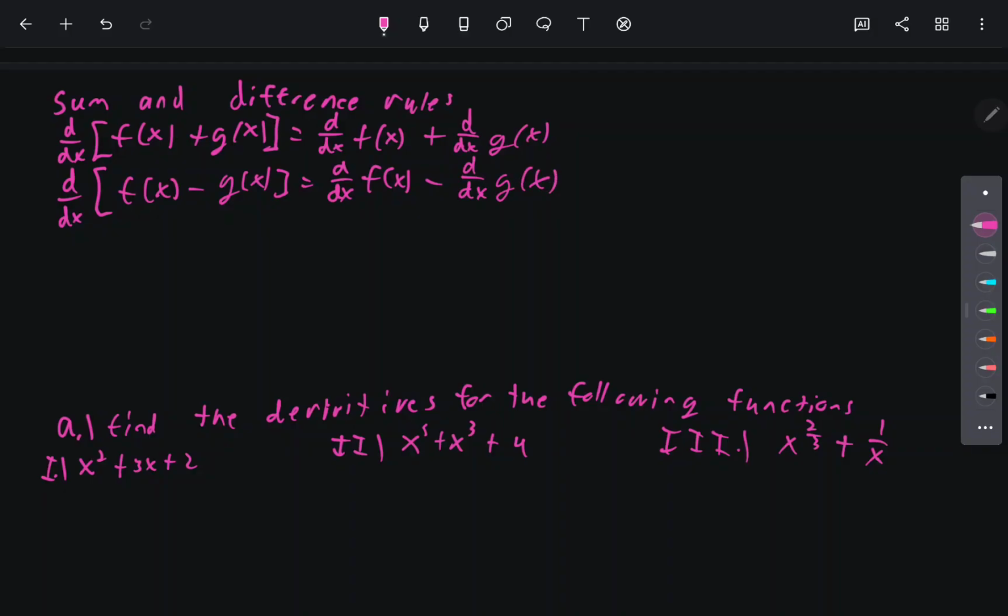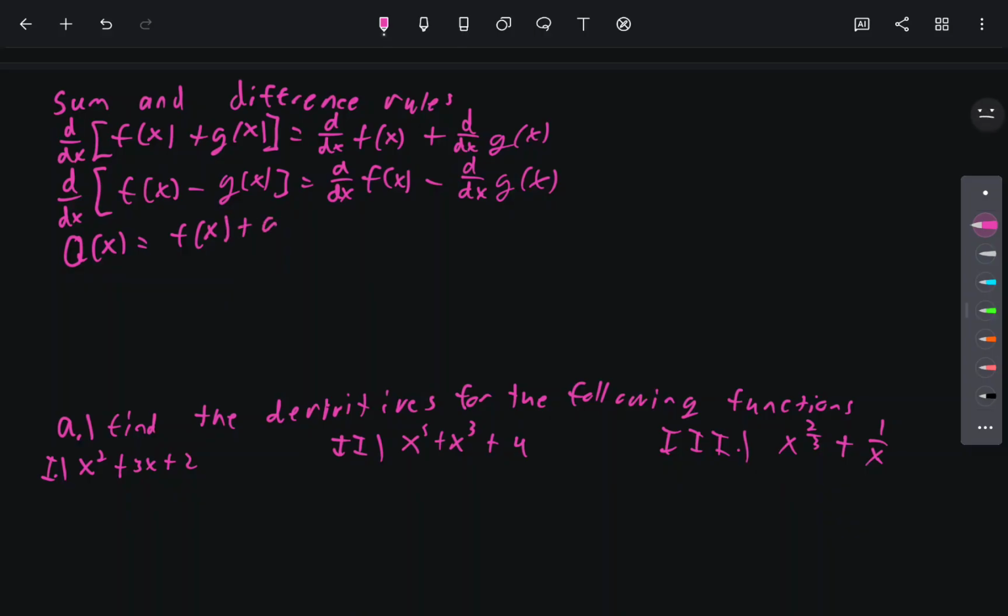All right. So I think the easiest way for me to show you that this is true is by adding up these derivatives. So I want to define a new function, and we are going to call this function q. So let's call this function q of x is equal to f of x plus g of x.